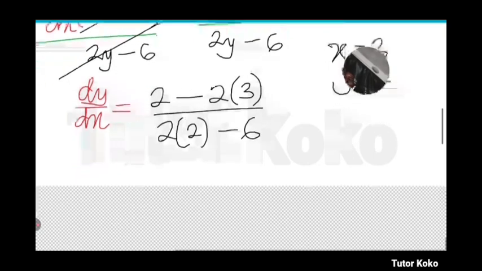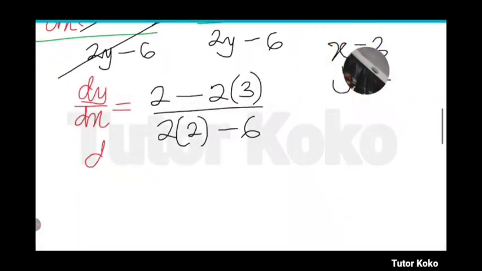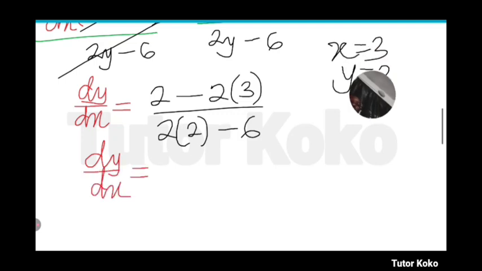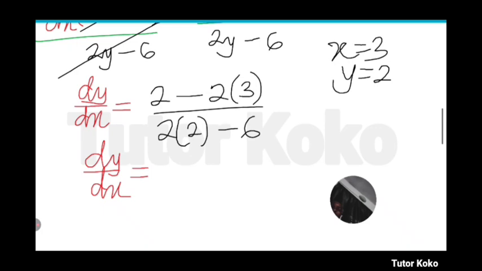So dy/dx at x equals 3 and y equals 2 is equal to 2 minus 2 times 3, which gives us 2 minus 6, divided by 2 times 2, which gives us 4 minus 6.